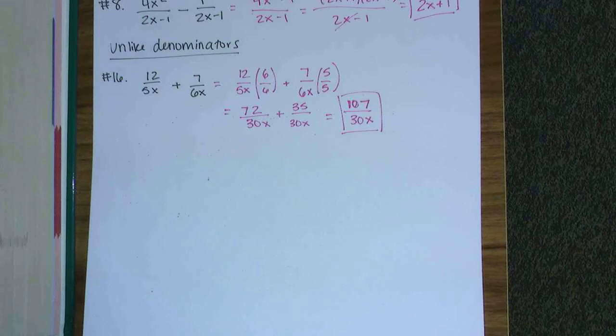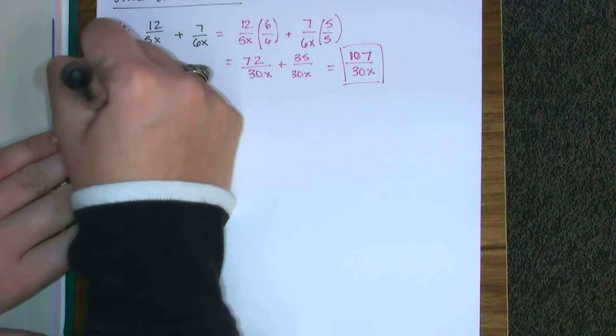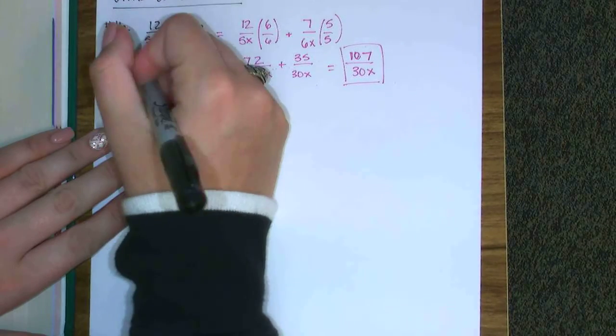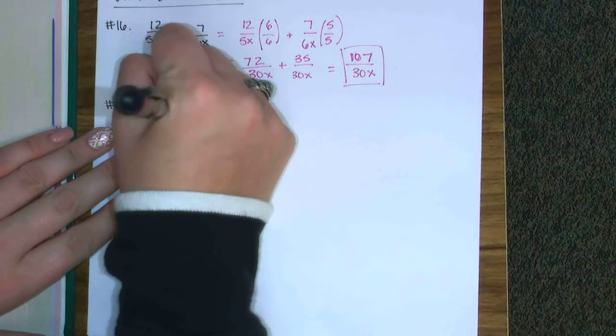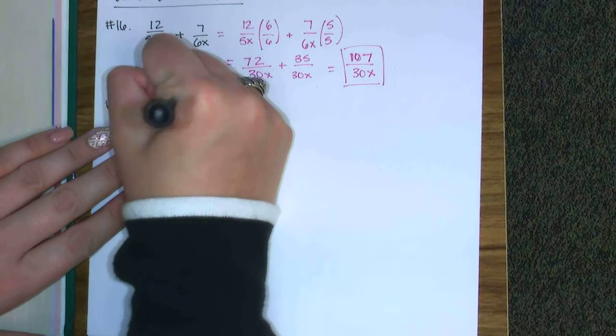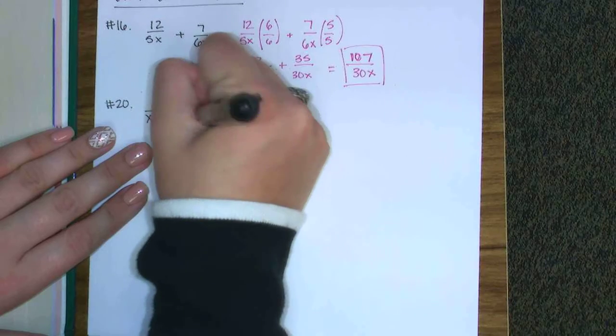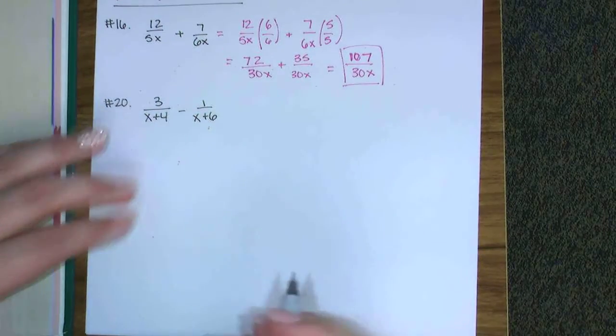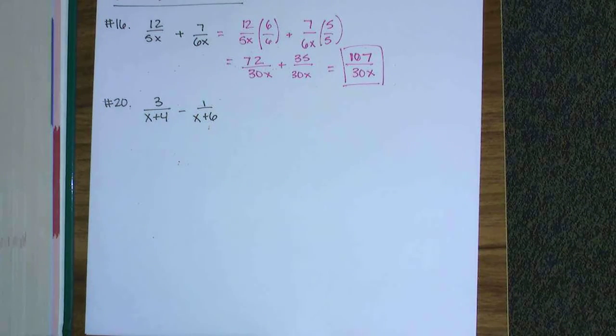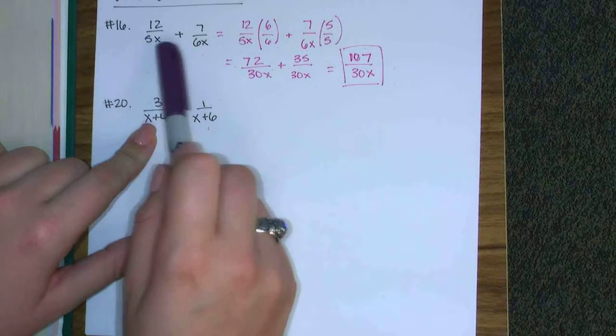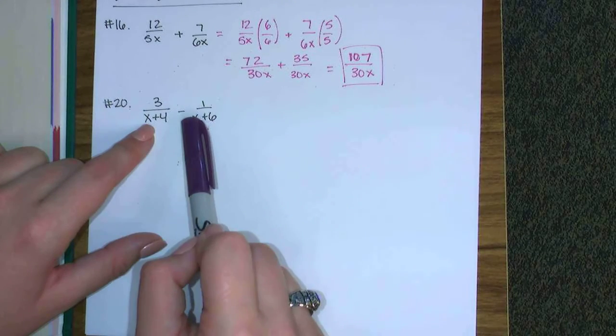Let's go with 20. Three over x plus 4 minus 1 over x plus 6. So again, with this one, it's not real clear something I can just multiply like one thing by like I did in this one.